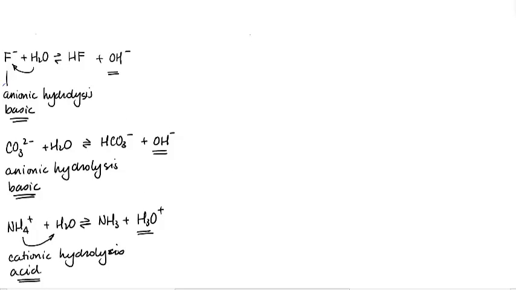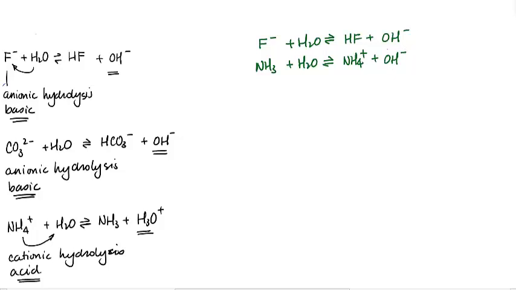If we take a look here at F- reacting with water to form HF plus OH-, and now we look at a corresponding reaction whereby we have a weak base, in this case NH3, reacting with water, you will see that both of them generate a hydroxide ion, and they both react with water.